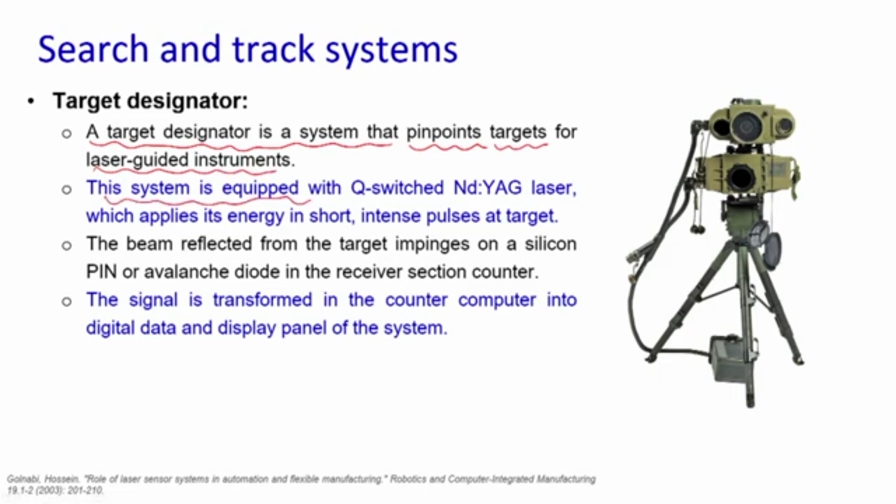This system is equipped with a Q switched Nd-YAG laser which applies its energy in short intense pulses at the target. So, here the target designator is being used to choose a particular target for further operation. It may be processing, picking up, or we may have to just locate the object and record its position.